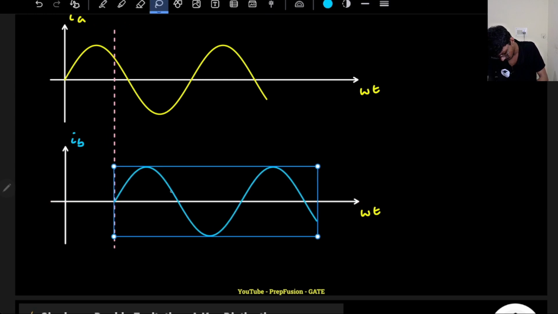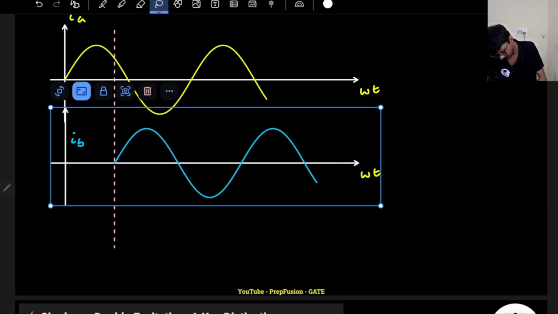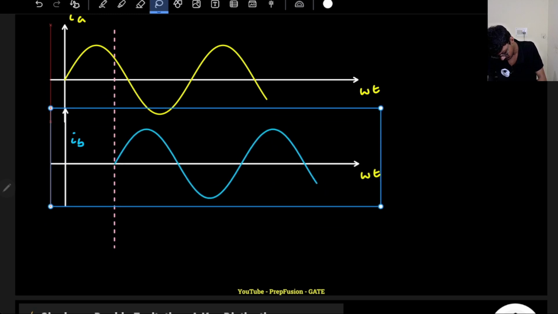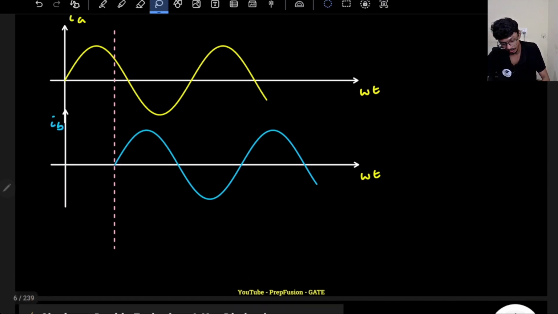Now what will happen to C? C also we have to draw. C will actually lag further by 120, or I can make it lead by 120.